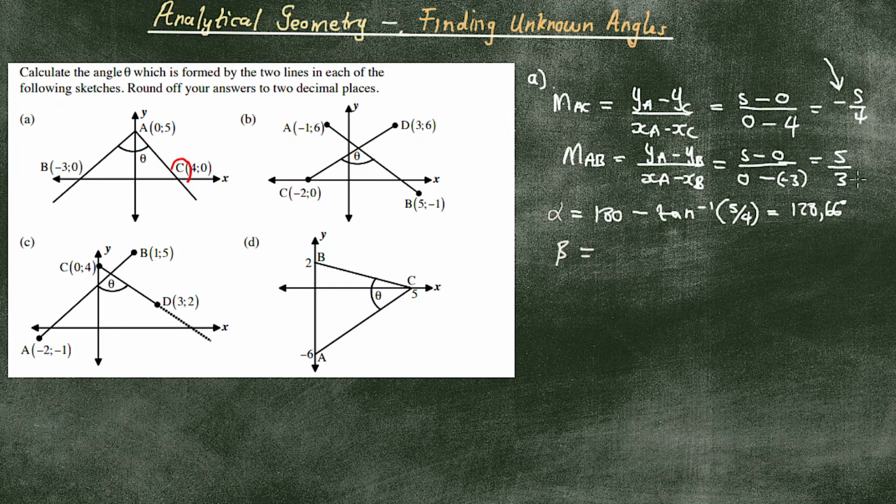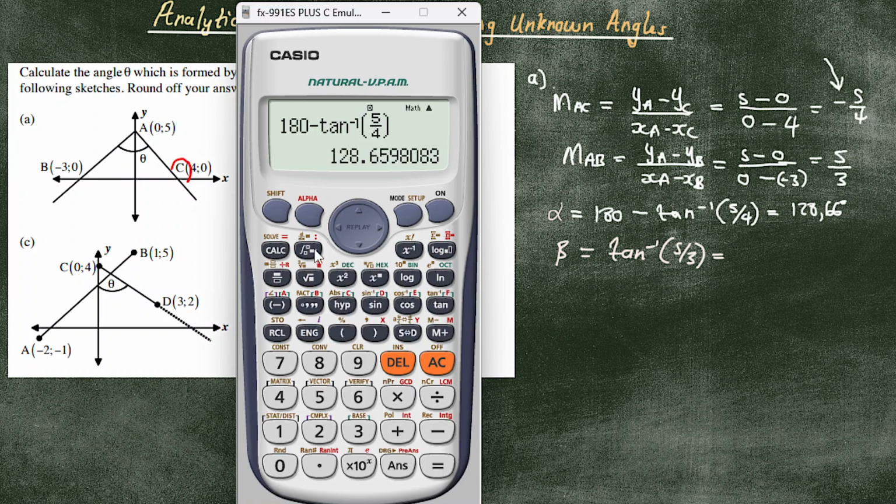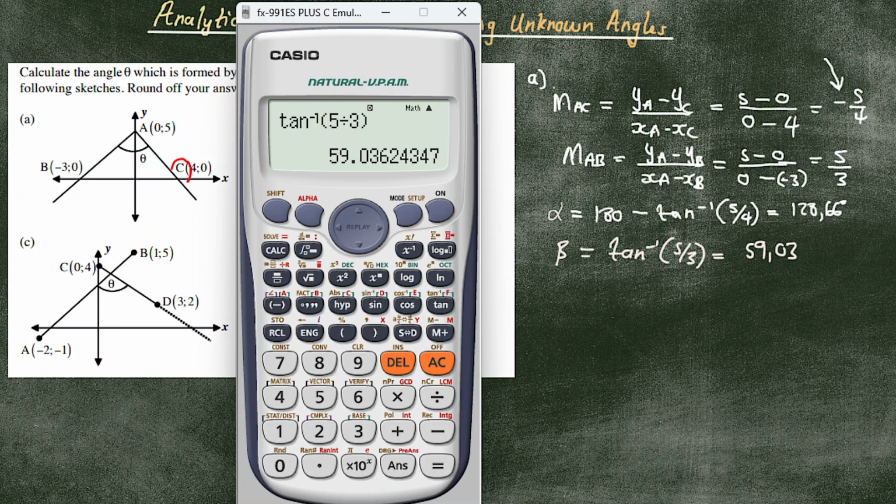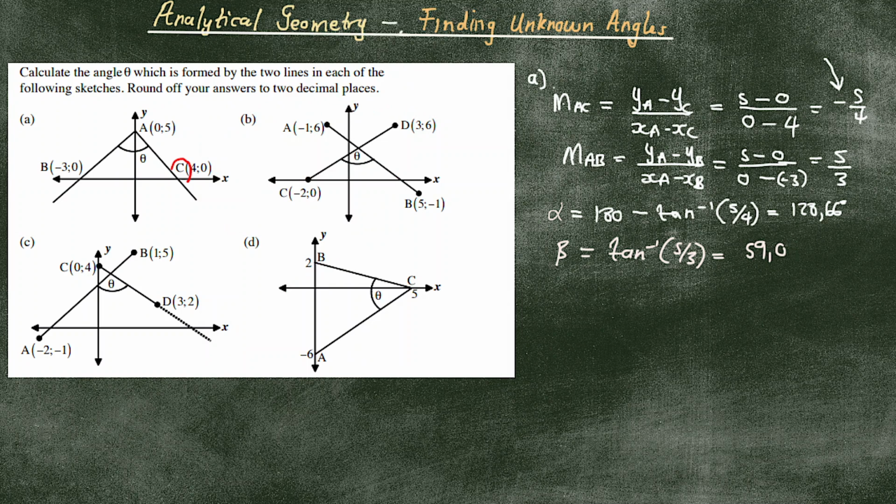Since the gradient is positive, we're just going to calculate it as arctan of 5 over 3, equal to, shift arctan of 5 over 3, close bracket, 59.0304 degrees.